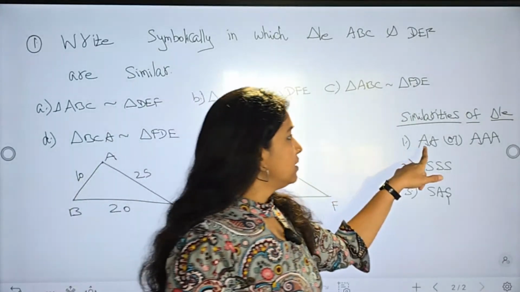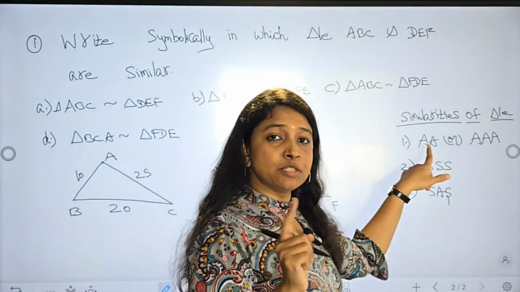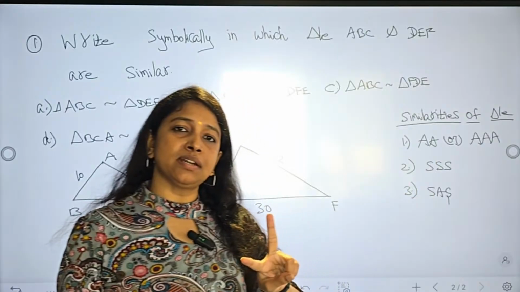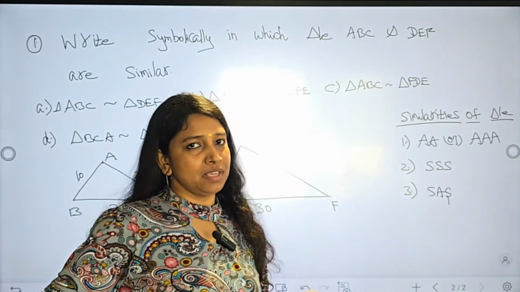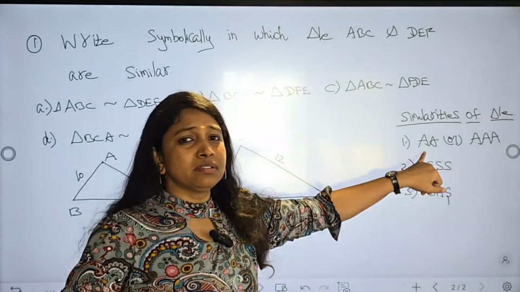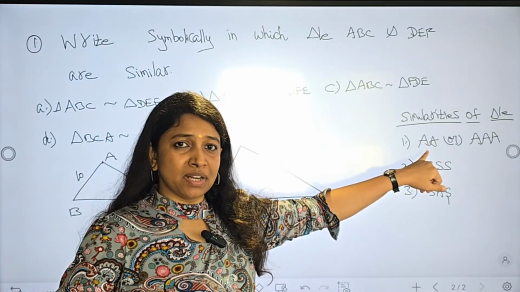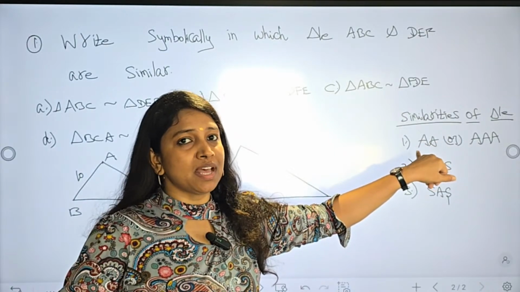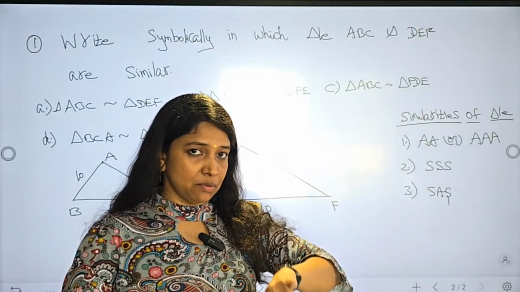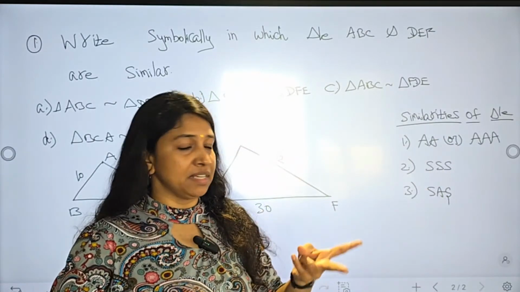How? Those corresponding angles should be equal. If two angles are equal, obviously the third angle would be equal according to the angle sum property of a triangle. So it is enough if you check only two corresponding angles of the triangles. If two corresponding angles of the triangles are equal, then those triangles are similar.